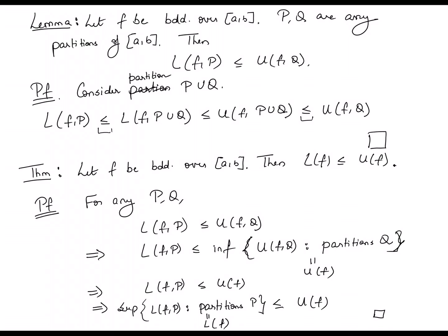So to recap, what we have shown is that for any bounded function over any interval, the lower Darboux integral is always upper bounded by the upper Darboux integral, which kind of justifies their names as well. And a function is integrable if these two in fact agree. In other words, the L of f and U of f values in fact agree.